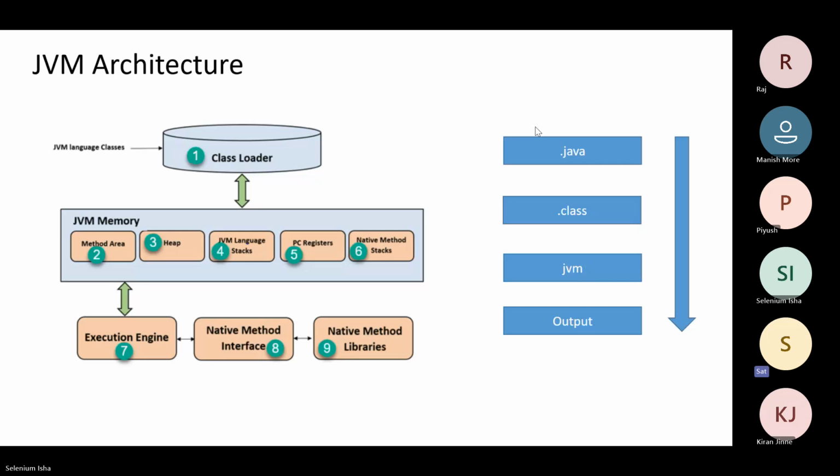Now, in these 5 components, we are not going to really worry about PC register, native method stack, and metaspace. All these 3 components we mostly will not monitor, configure, or tune, and there are not many problems with these components at all.